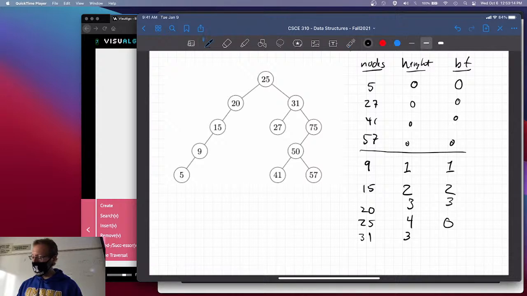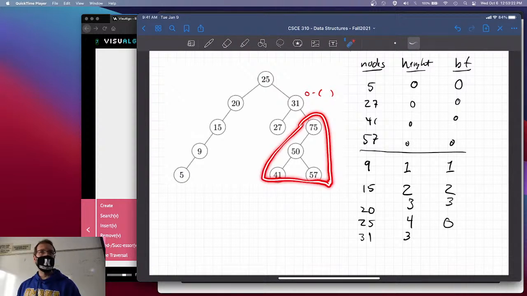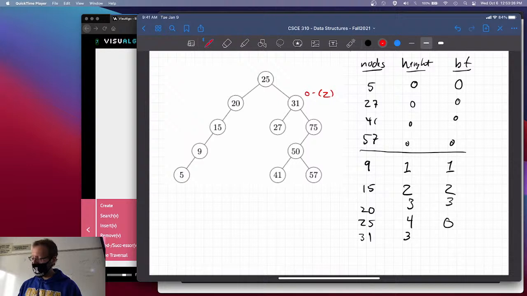So 0 minus, and then what's the height of the right subtree here? 1, 2. So it is negative 2. And that makes sense because it is unbalanced to the right. Right?